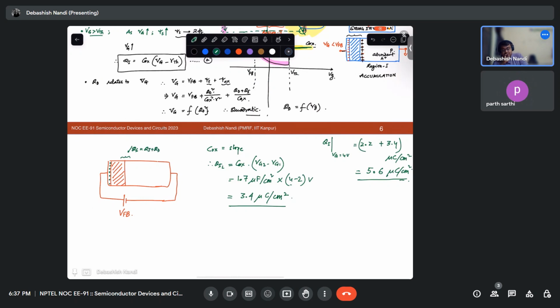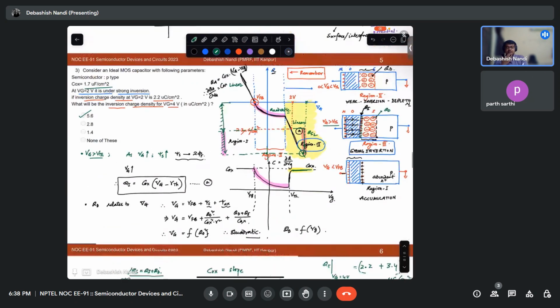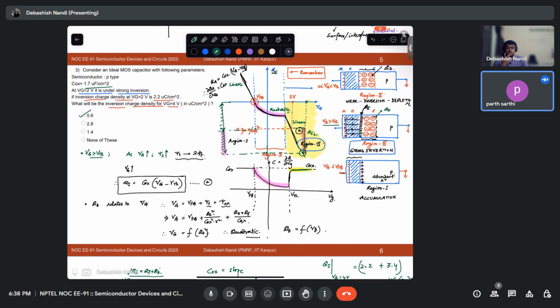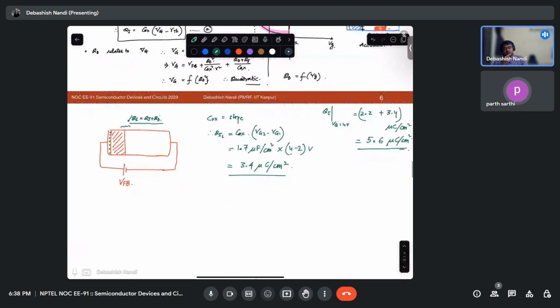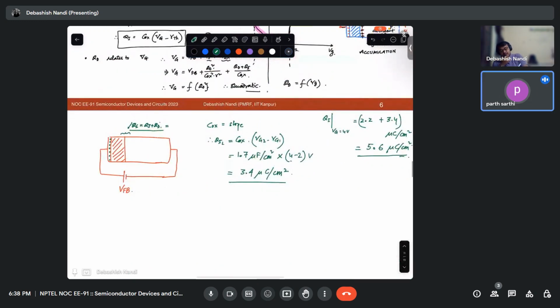What will be the depletion charge and what will be the inversion charge? From this plot, what do you see? At V equal to VFB, what is the Q? Sir, zero. No charge. Yes, sir.